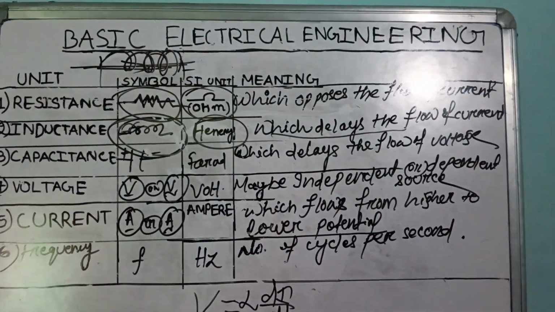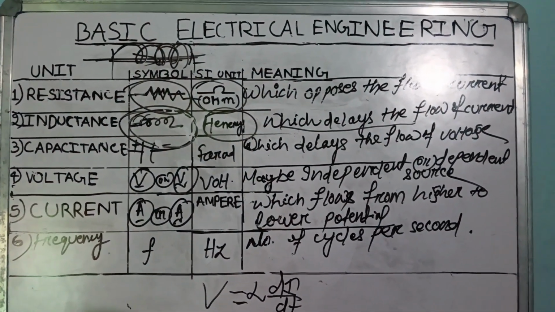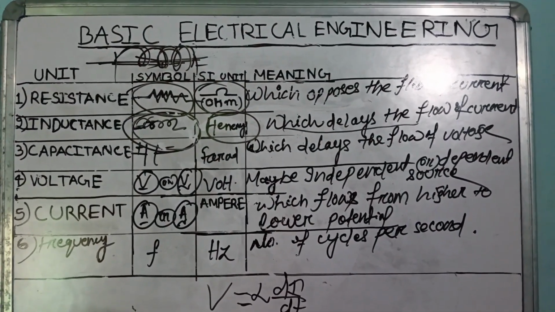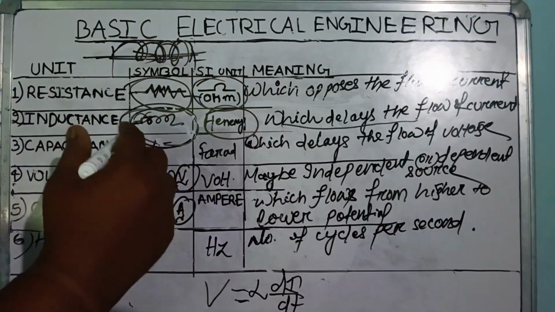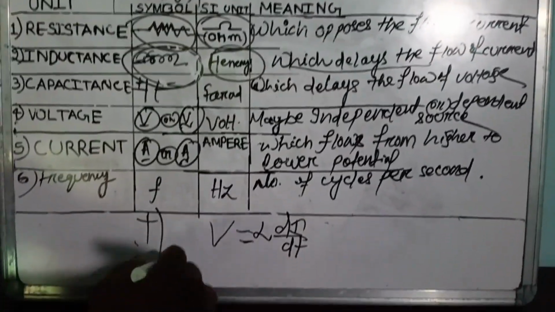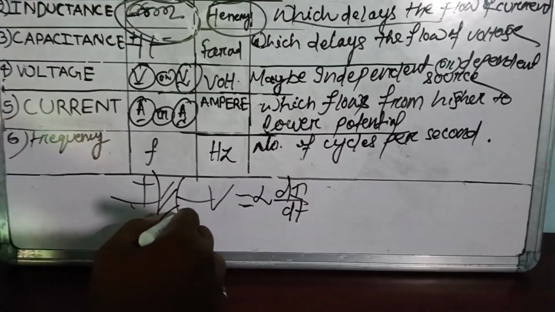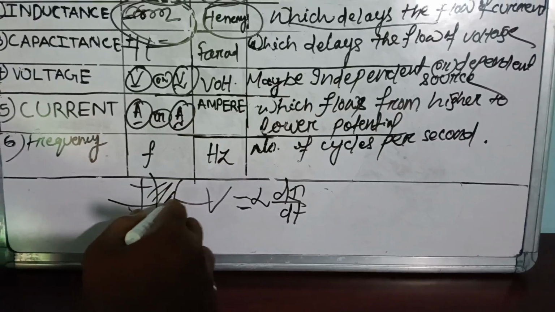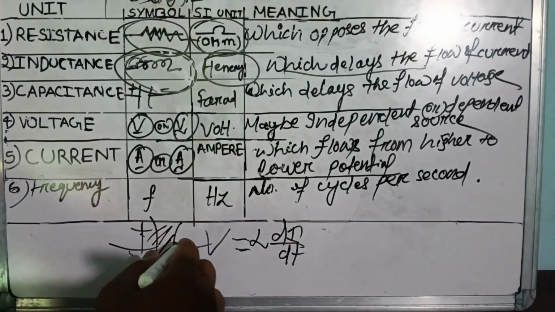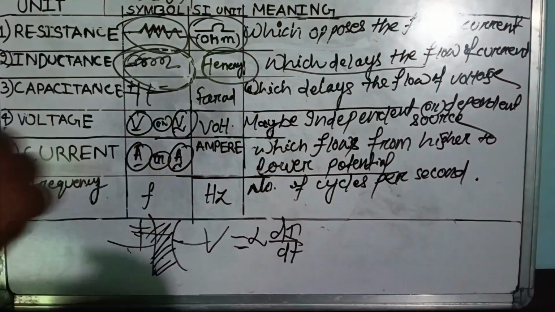Next the term comes capacitance. Capacitance is a plate, one having a positive plate, another a negative plate, and a medium in between. If there is no medium, this plus and minus will be a dead short circuit.